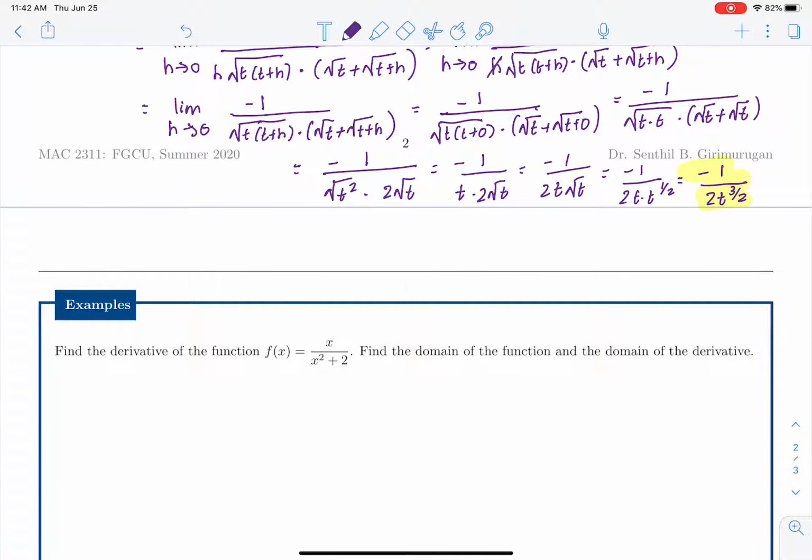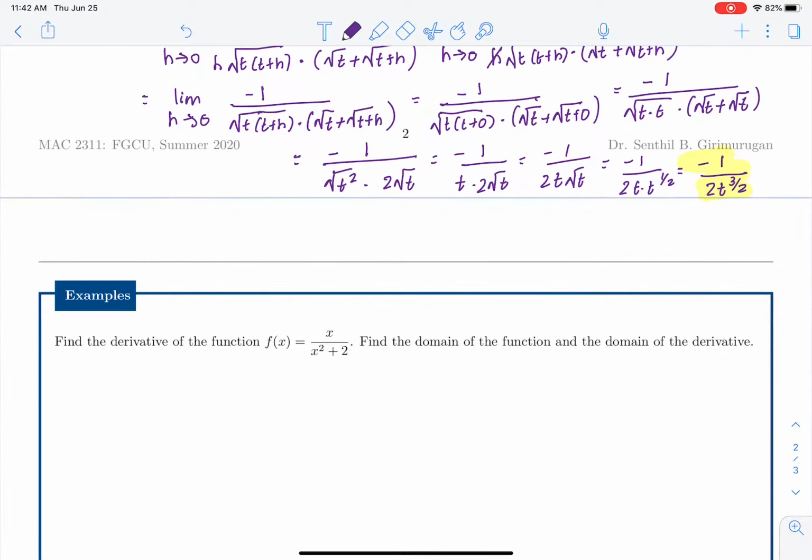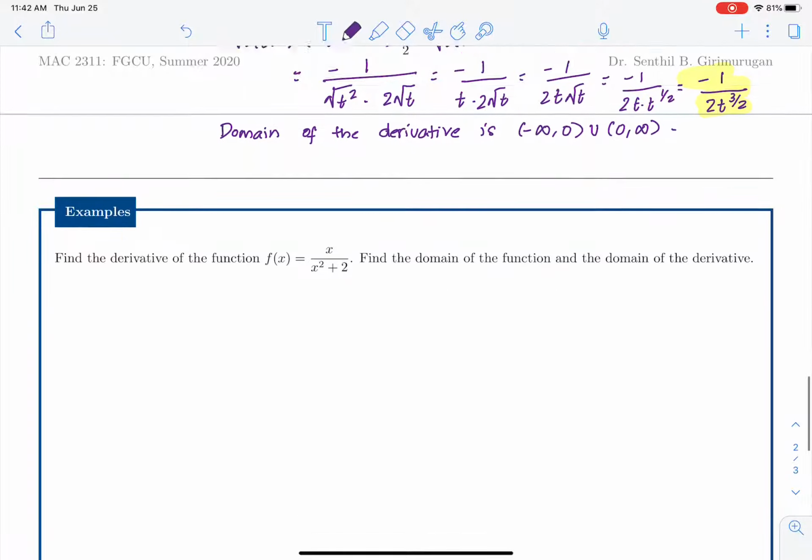So the domain of the derivative is also negative infinity to 0 union 0 to infinity.